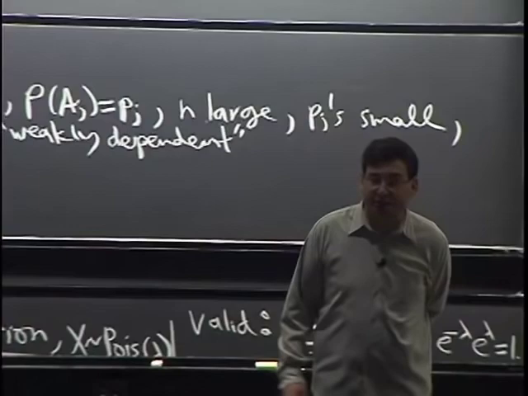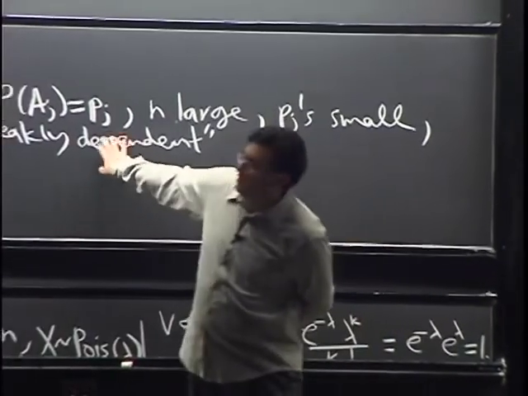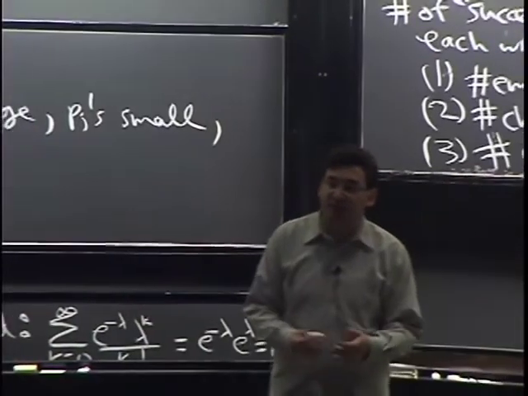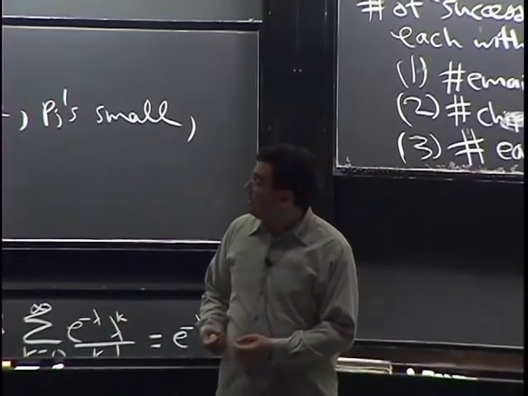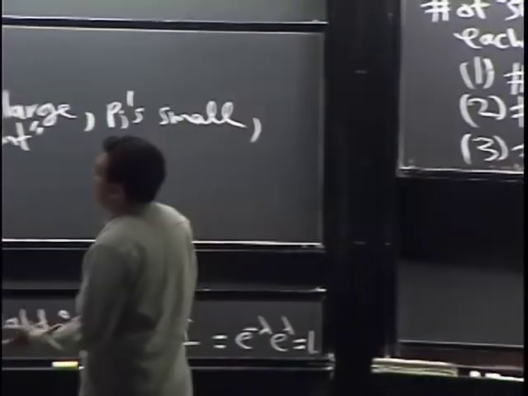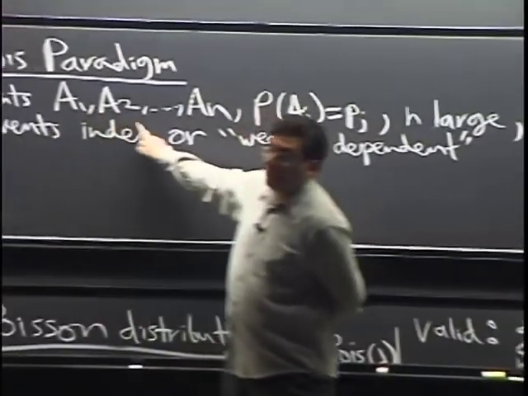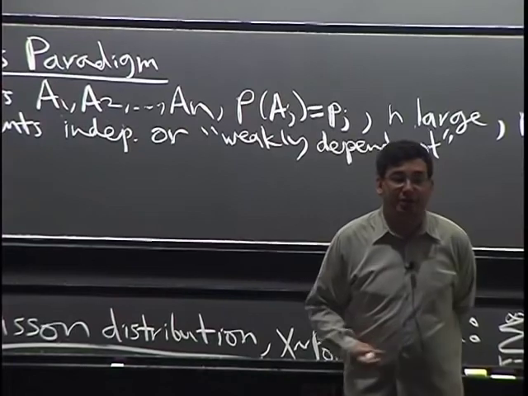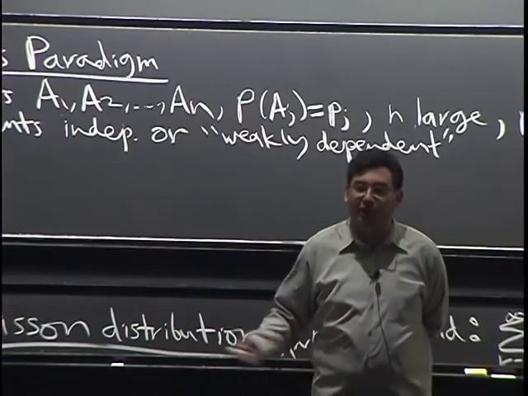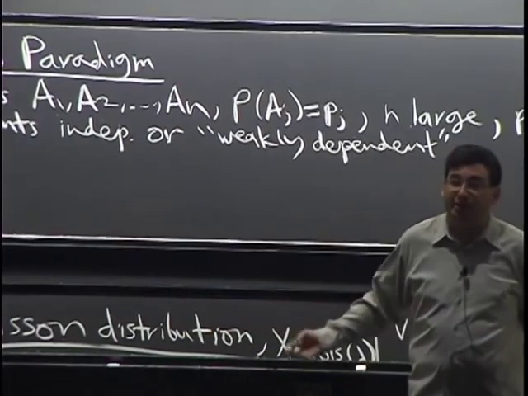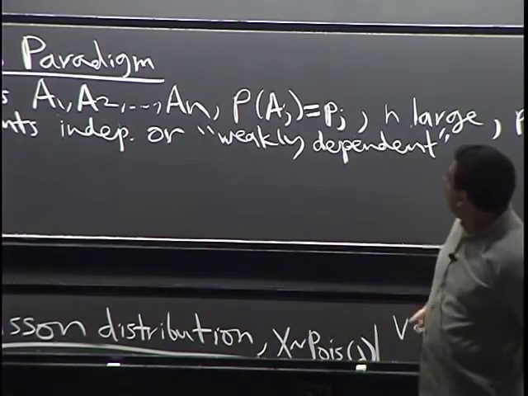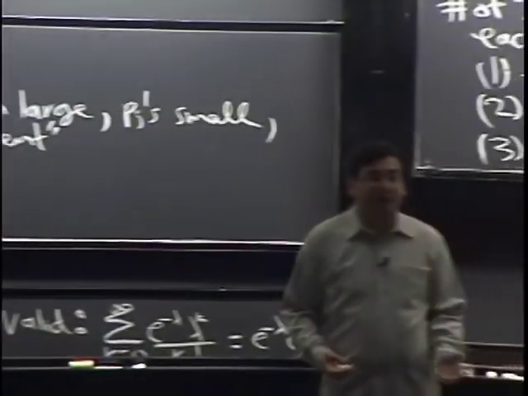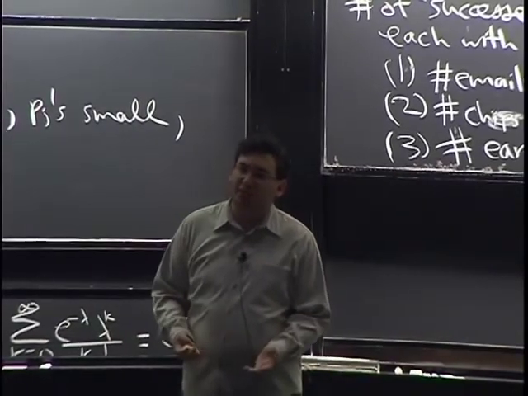The intuition is just that independence comes in degrees to some extent. Independence says that learning A1 through A3, whether they happened or not, gives us no information whatsoever about A4, A5, A6, and so on. That's what independence would mean. Weak dependence would mean we could get a little bit of information.